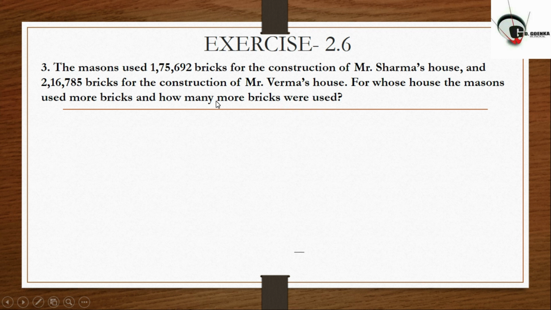In this kind of question, children, we are a little bit confused about which operation we are going to do. So let me give a quick small example. Suppose there is a girl Meena and a girl Tina. Meena has 5 chocolates and Tina has 7 chocolates.